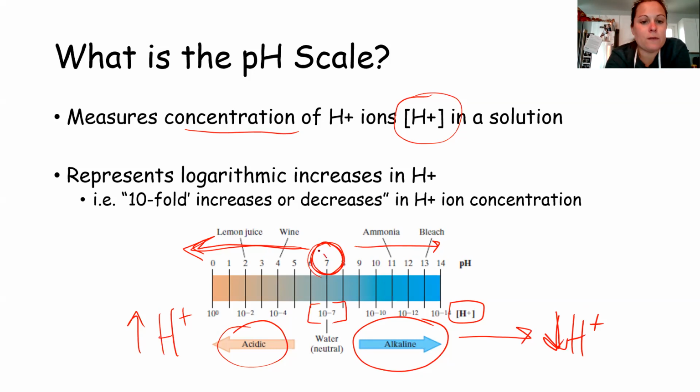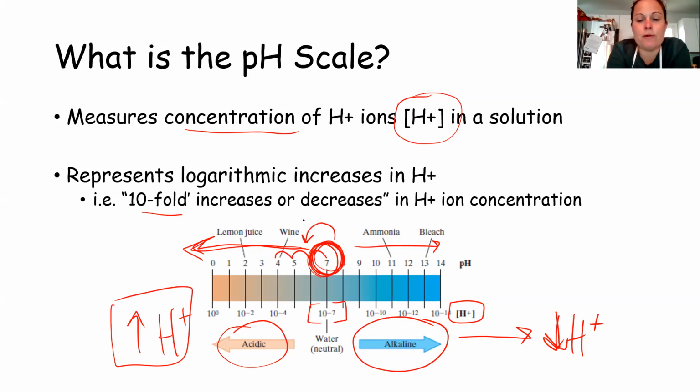Each number on the pH scale represents what we call a 10-fold increase or decrease in H+ ion concentration. So for example, if I have a pH of 7 and I increase the H+ ion concentration 10-fold, I move 1 to the left on the pH scale.